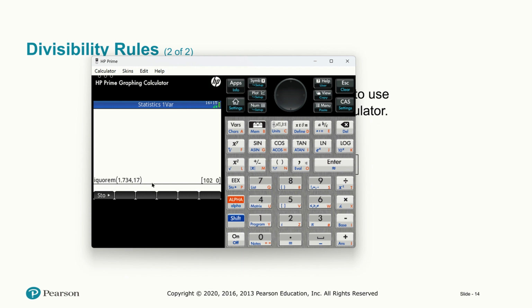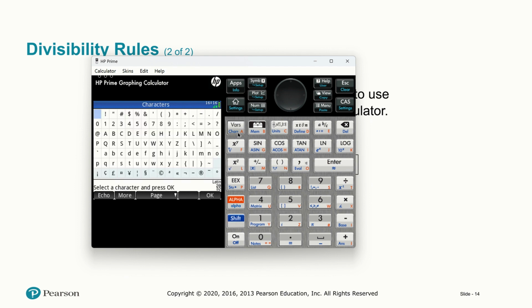So you know that when the remainder is 0, there's divisibility. So 17 goes into that. This IQUOREM, you really better try to type with your keyboard, because if you want to use the keyboard on the calculator, you have to shift the characters, and as far as I know, it only takes one character at a time.